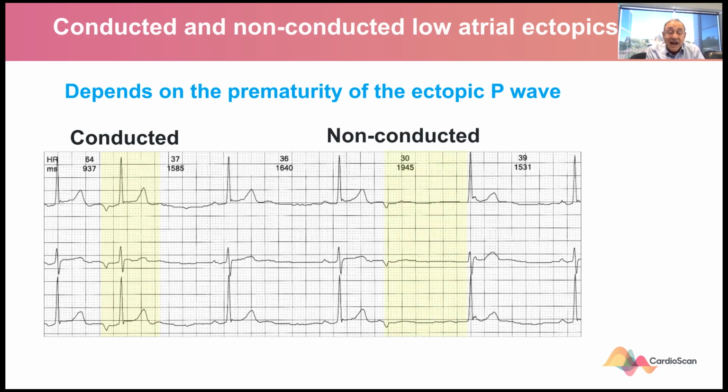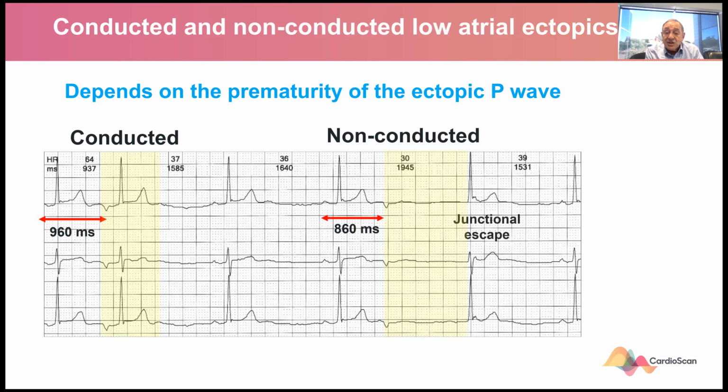Let's have a look at that distance between the sinus P wave and the ectopic. And you can see it's 960 milliseconds and allows normal conduction. But if it's only a small amount less of 860 milliseconds, now the AV conduction with the ectopic is totally refractory.